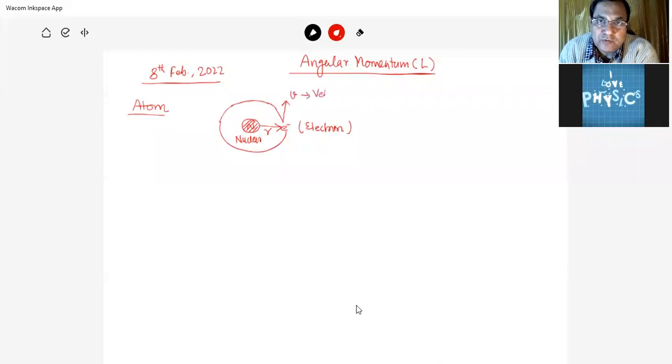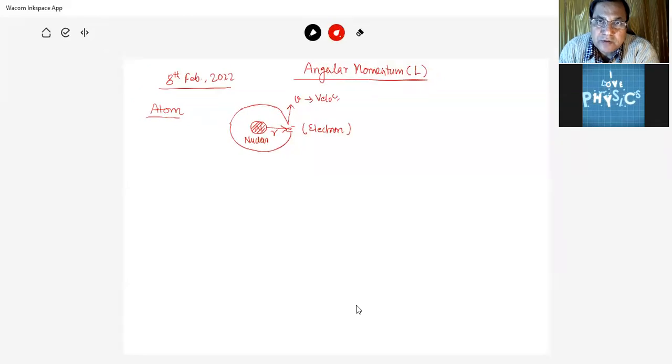If m is the mass of the electron, then p equals mass times velocity, which is the linear momentum.